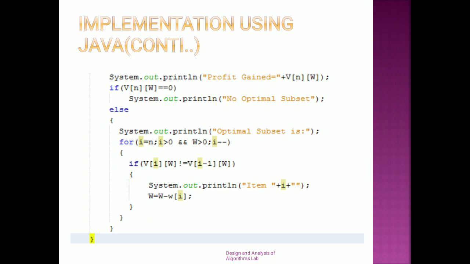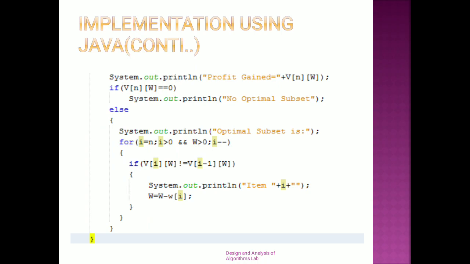And then in order to print the optimal subset, you also know that you have to use the backtracing method. Suppose V of n, W is equal to 0, that means there is no optimal solution. We have not gained any profit, that means there is no optimal subset; we have not considered any of the items. Otherwise, we have to start from the last value and compare it with the previous row value.